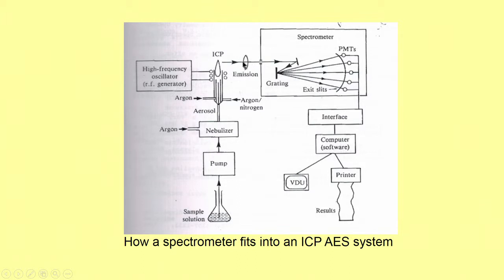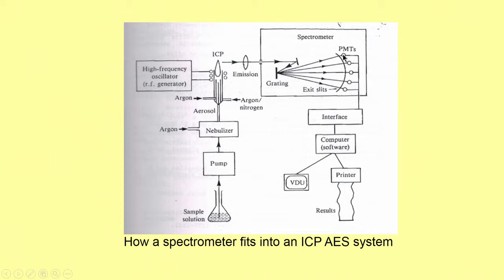These radiations are rendered parallel using a convex lens, and then enter the optical system, which consists of mirrors, gratings and exit slits, along with PMT photomultiplier tubes. If you work sequentially, you will be collecting one wavelength at a time.